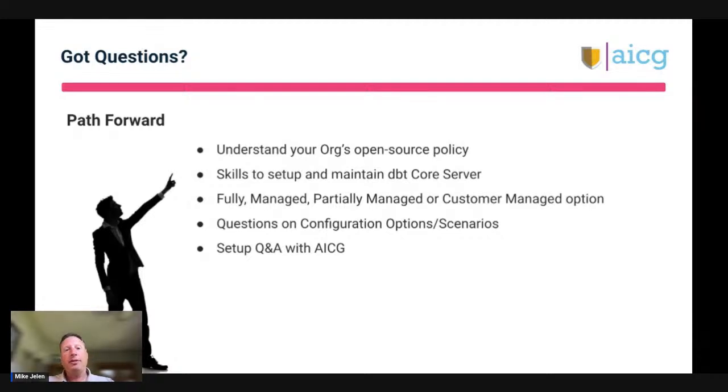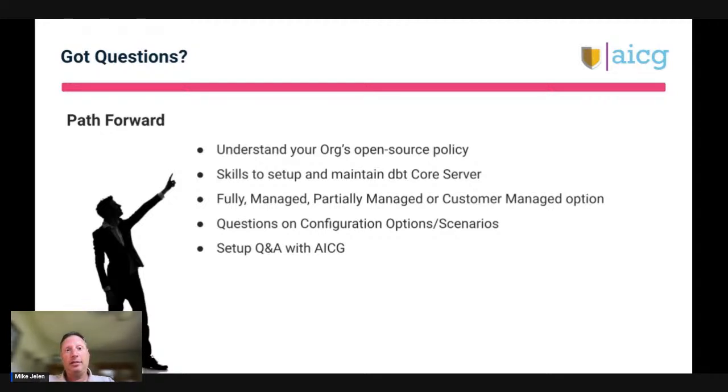So where you go from here, definitely understand your organization's open source policy. Some organizations say, we're good with open source as long as you follow A, B, and C: security audit, getting permission up front. Do you have the skills to set up and maintain dbt core?